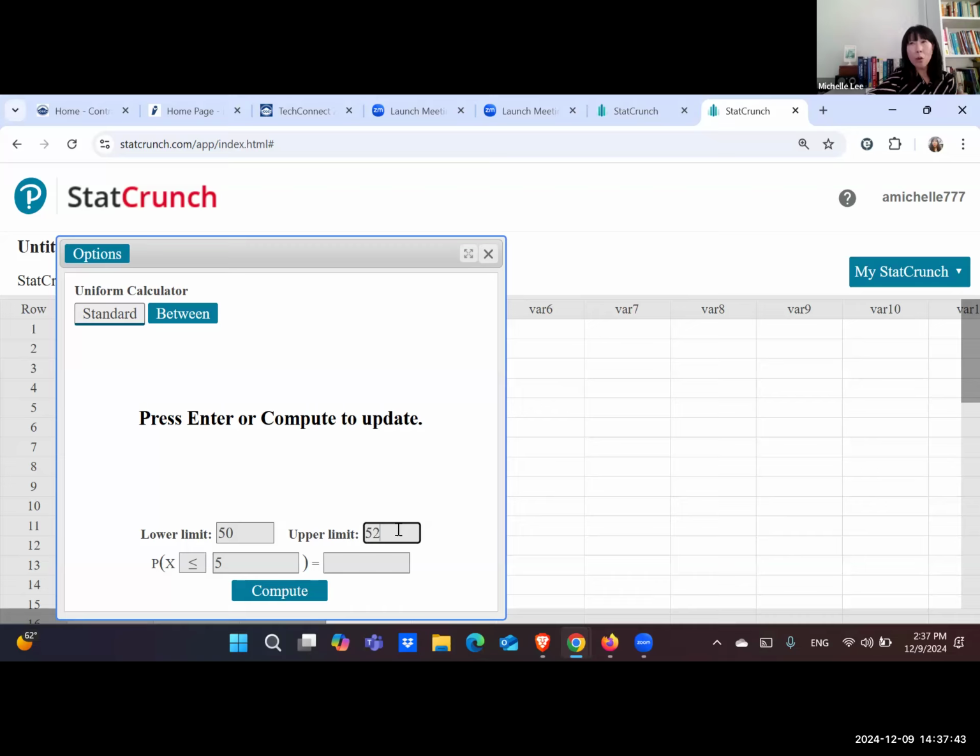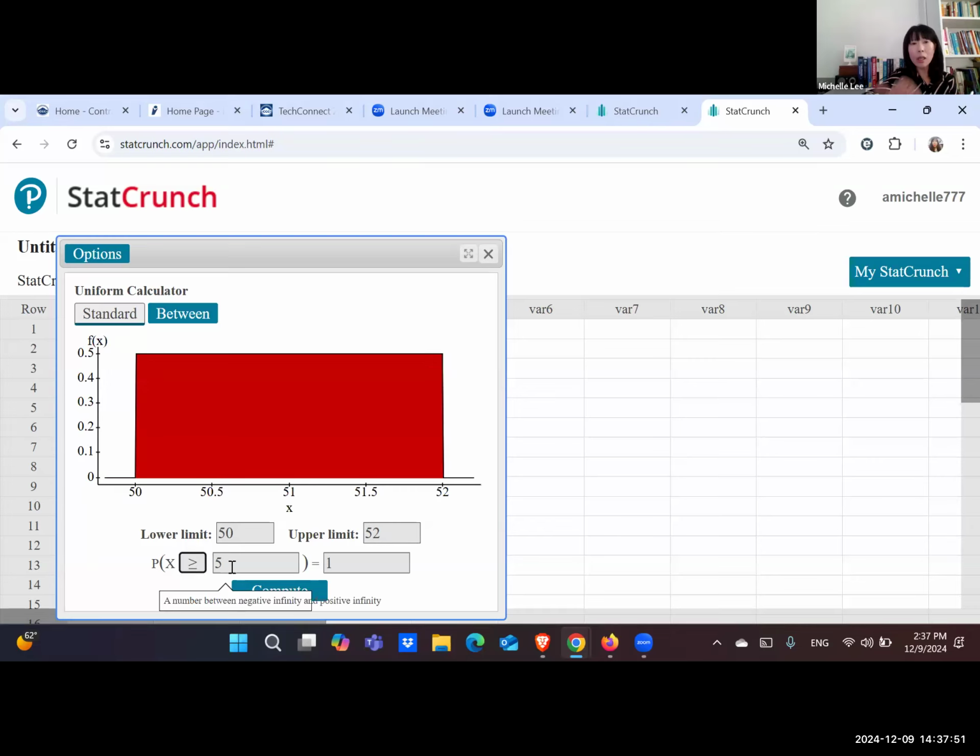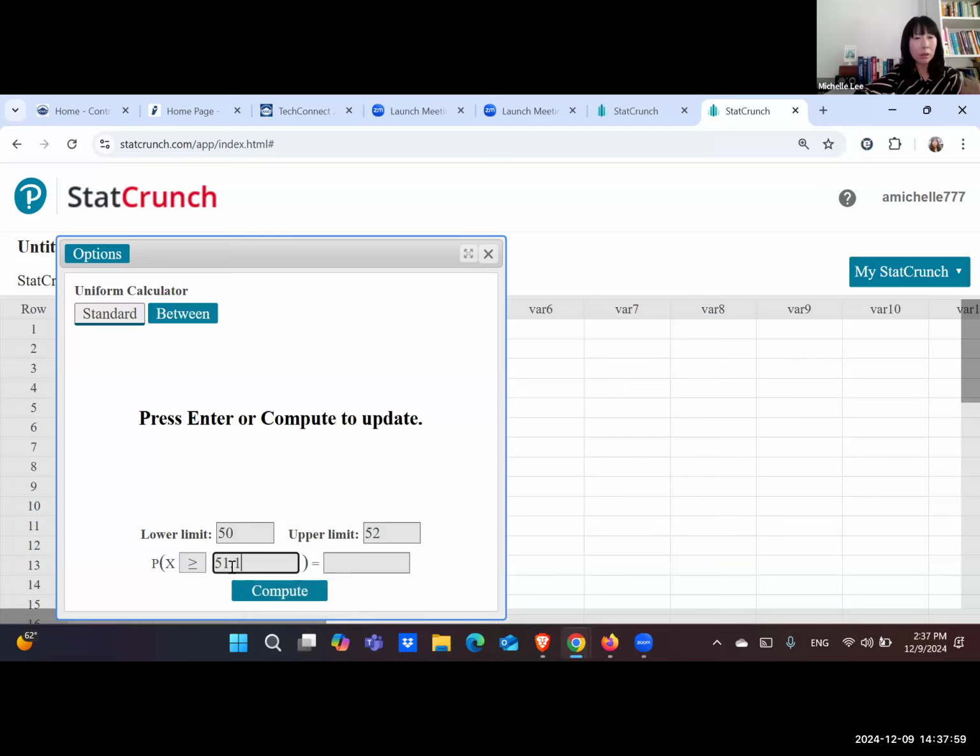Okay. And then the question was, it's more than 51.1. So it's continuous, so an equal sign does not matter, right? Unlike discrete numbers. So we have only two options, greater than or equal to, or less than or equal to. So we are using this inequality with 51.1. What's the probability the class length is more than 51.1 minutes? So compute.